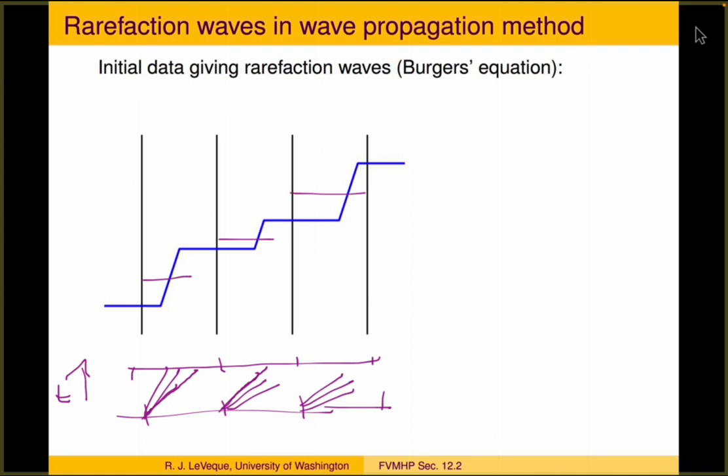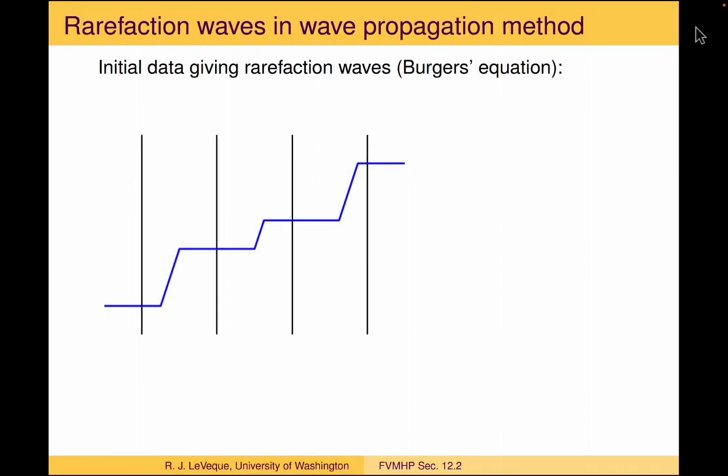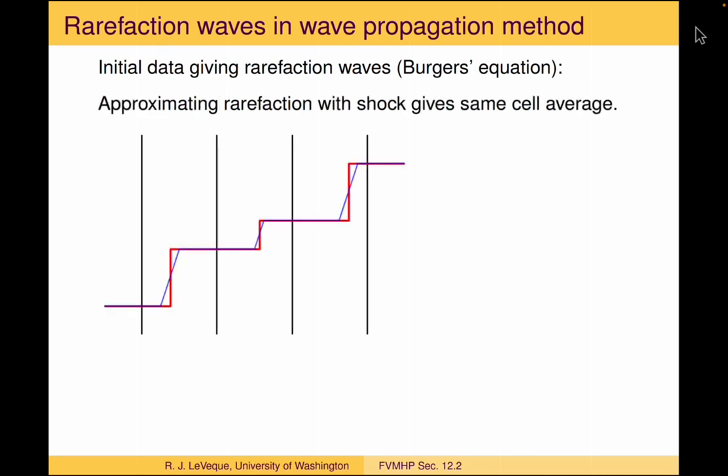Well, once we've done that averaging, we've kind of thrown away all of the structure of this rarefaction wave. And so the idea in this kind of approximate Riemann solver is, if instead of propagating these waves as rarefaction waves, if instead we propagated them as discontinuities traveling at the Rankine-Hugoniot speeds, then those would be the waves that are shown in red here.